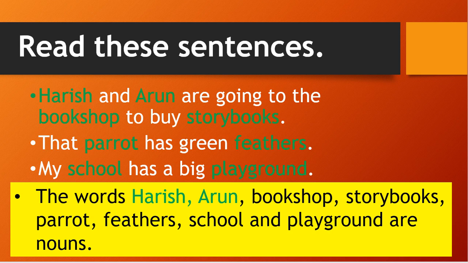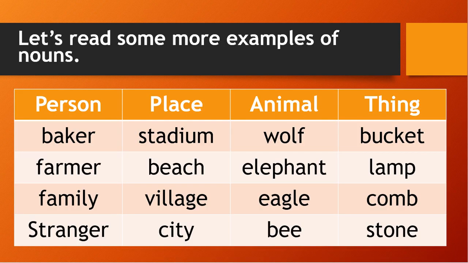These are nouns in the three sentences shown. Then again a few more examples of person, place, animal, and things: baker, farmer, family, stranger; stadium, beach, village, city as places; wolf, elephant, eagle, bee as animals; and bucket, lamp, comb, and stone as things.